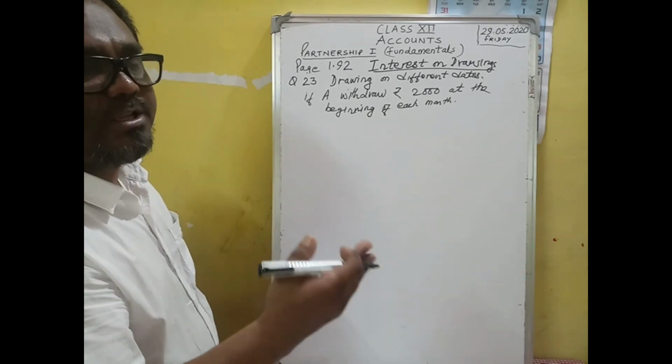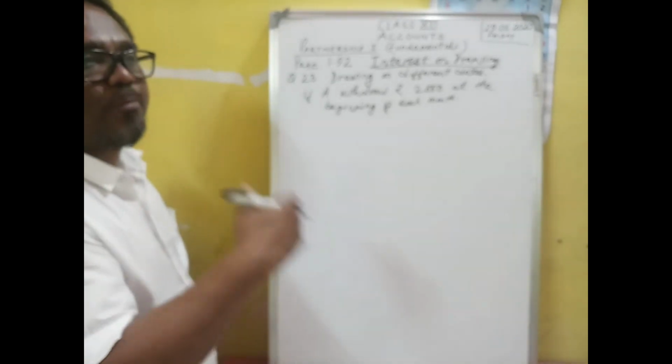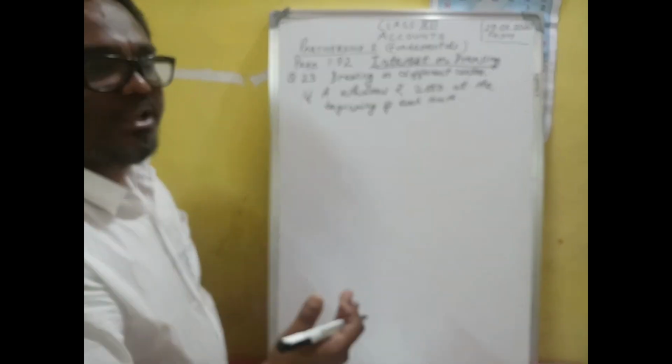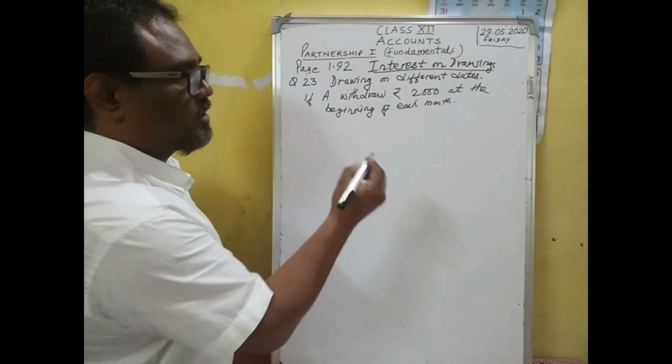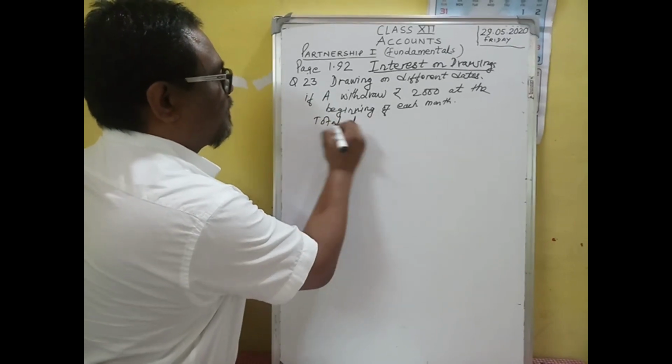The end of the year is 31st March. So that means at the beginning of every month, 12 times in a year, there is a withdrawal.